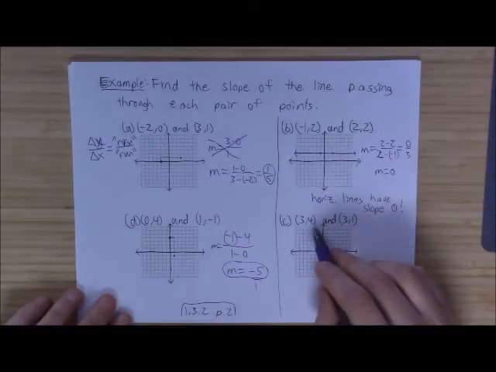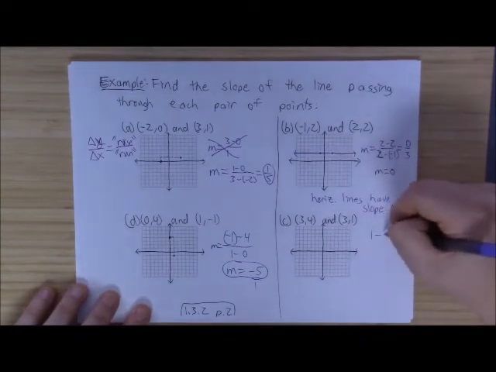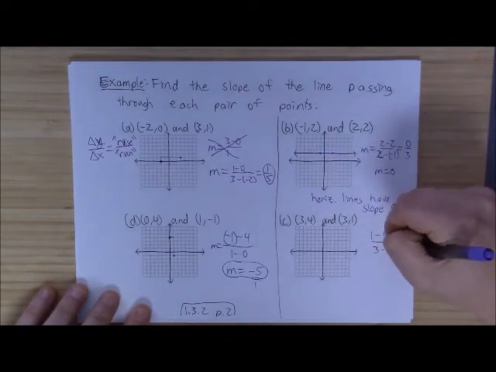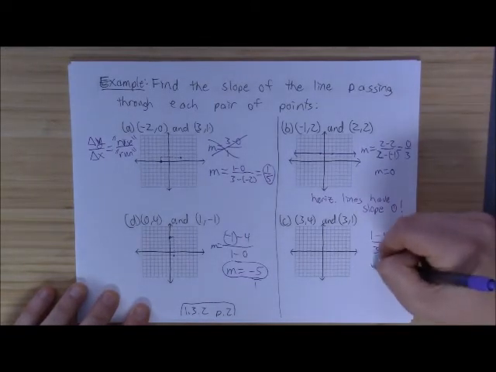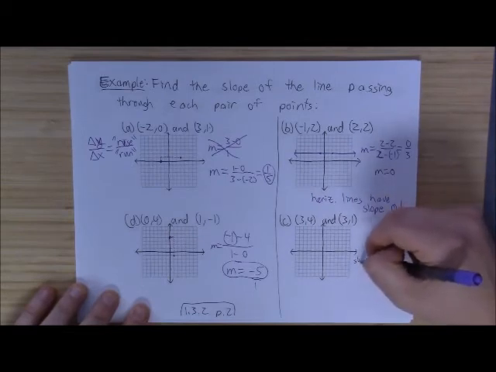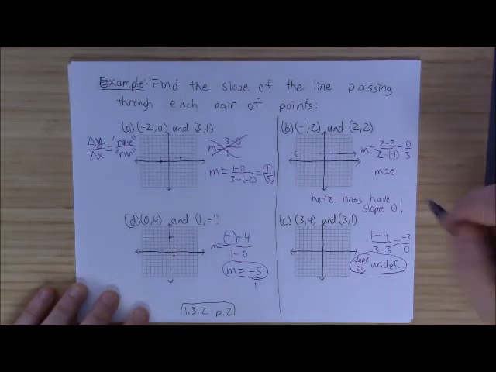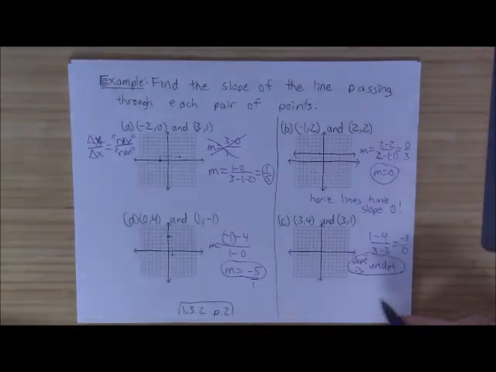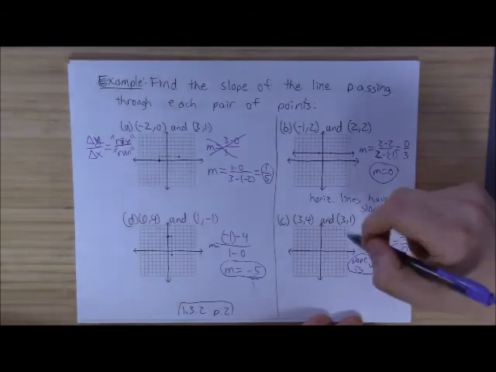Here, 3, 4 and 3, 1. When we do the subtraction, we get 1 minus 4 over 3 minus 3, and we end up with negative 3 over 0. So we have an undefined slope. That makes sense as well, because in the last section I made a remark that vertical lines have undefined slope.